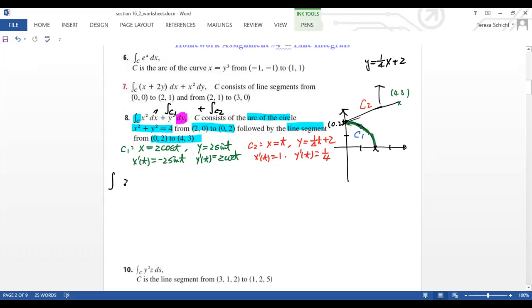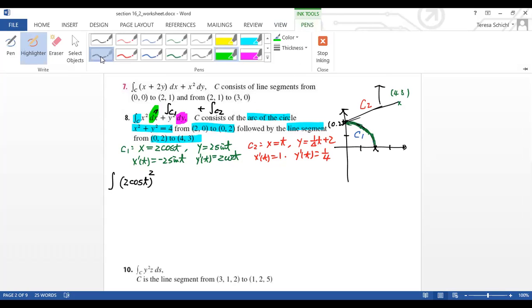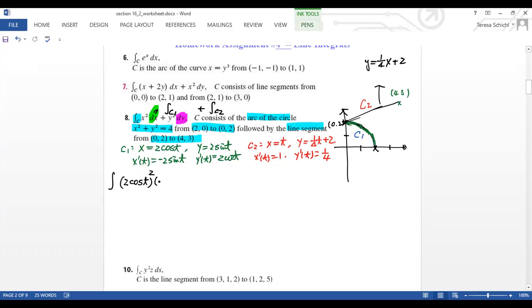So I have 2 cosine t, squared. Am I right? In here, this is dx, so I have negative 2 sine t, and change it over to t's.